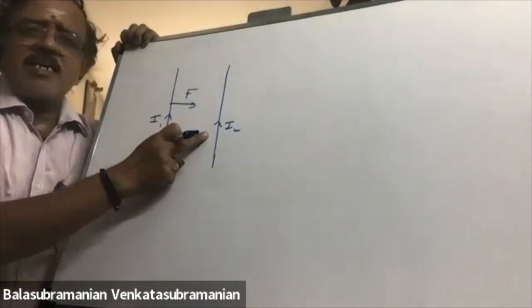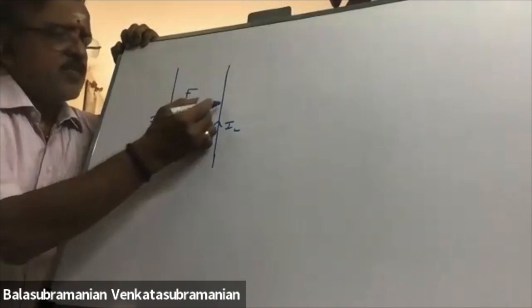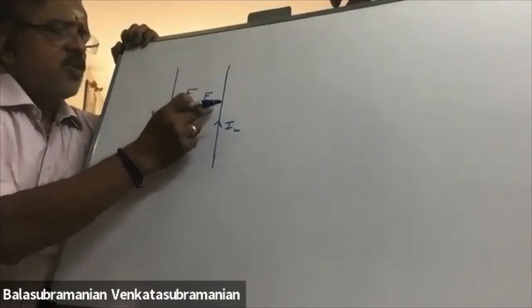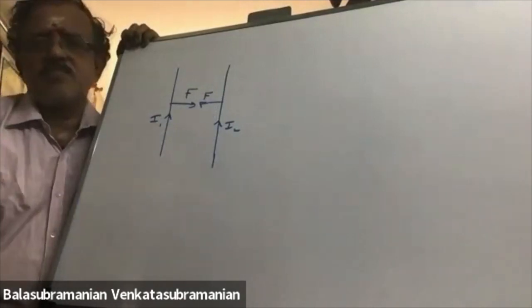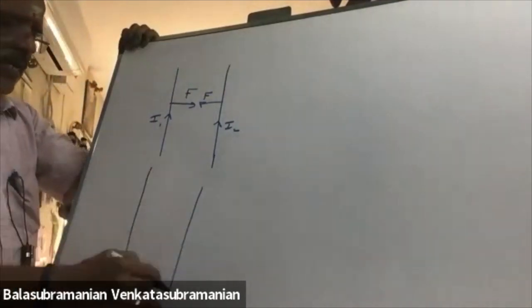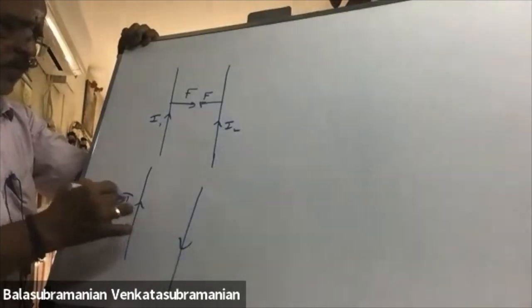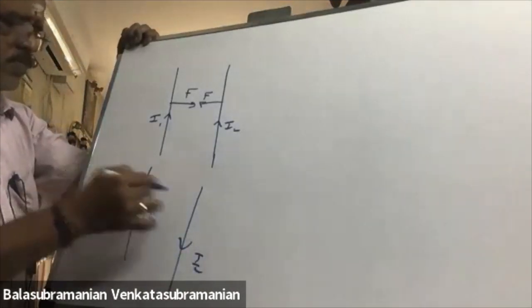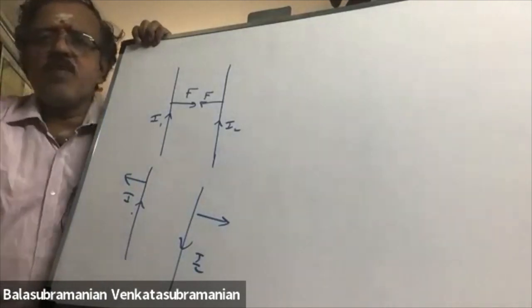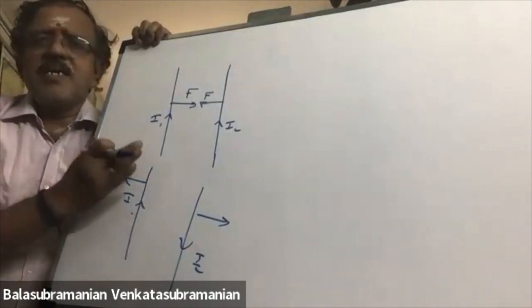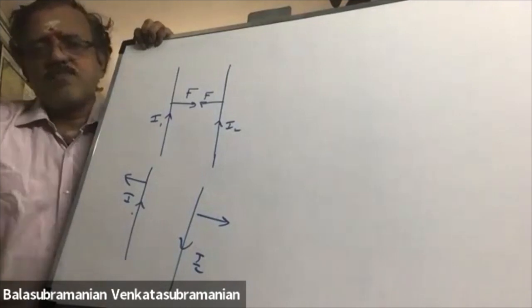So you are going to get an attractive force if the current direction is the same. Suppose the current direction is opposite, I1 and I2, you are going to get a repulsive force. Fleming's left-hand rule, if you apply, you will get it. Detailed explanation in the second part.